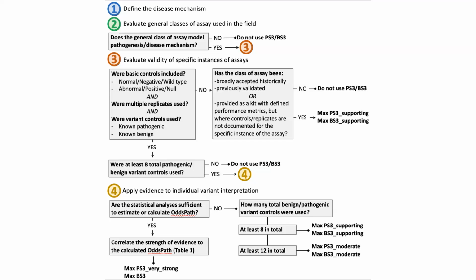I think that may be the reality for now. The important thing, though, is to make sure that the well-known benign and pathogenic variants you're using as controls are controls based on other evidence besides functional evidence.